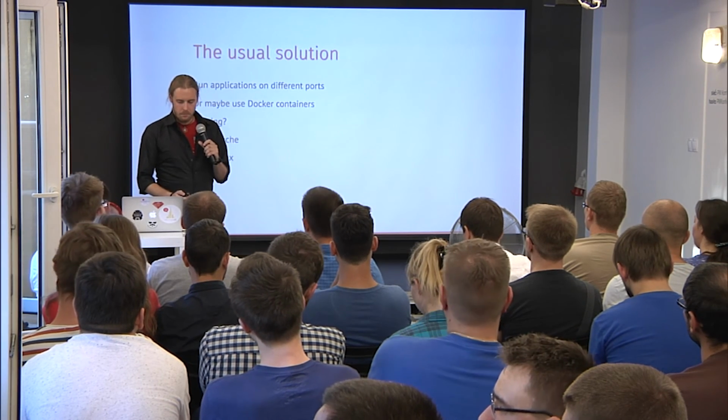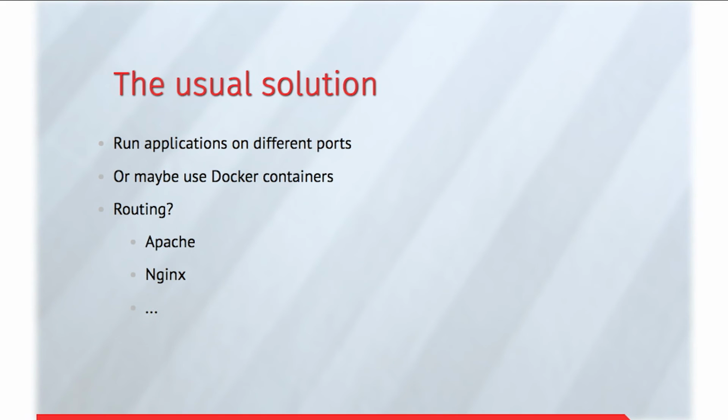So the usual solution is either you run all of the applications on different ports and use some kind of router, or you use maybe Docker containers, why not? And still you need some kind of routing for that. And usually we're taking Apache or Nginx or other web servers that have vhosts and are capable of doing routing to handle this.